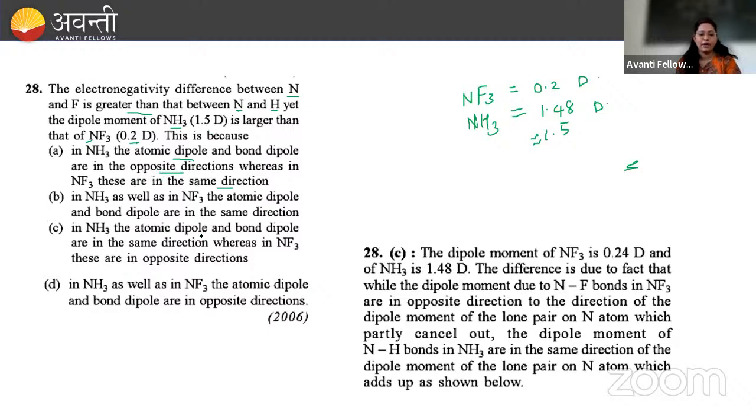We have four options given, I am not reading them, they are very long. I will just explain. Okay, in NH3 as well as NF3 atomic dipole and bond dipole are in the same direction.